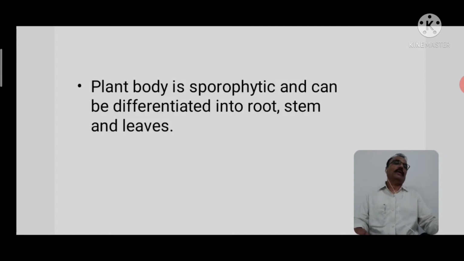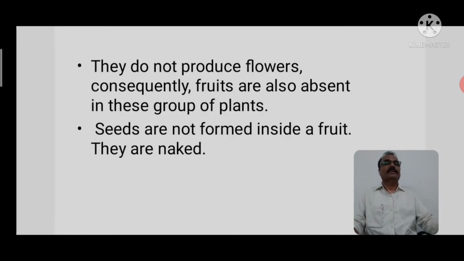The plant body is sporophytic, which means it is differentiated into root, stem and leaves. They do not produce flowers. Consequently, fruits are also absent. In this group of plants, seeds are not formed inside a fruit.